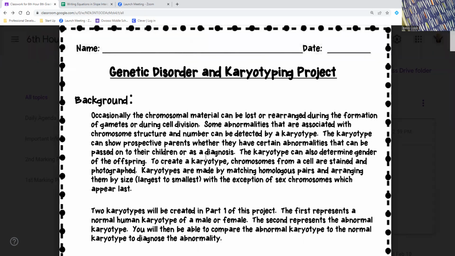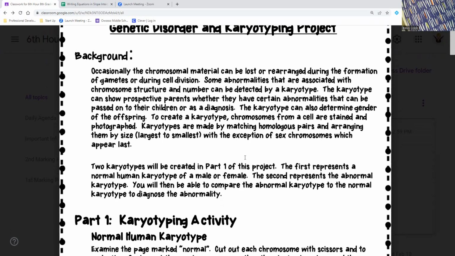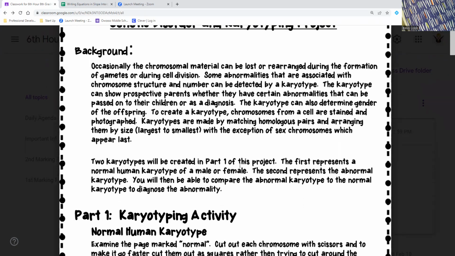So to create a karyotype, chromosomes from a cell are stained and photographed. Karyotypes are made by matching homologous pairs and arranging them by size, largest to smallest, with the exception of sex chromosomes, which appear last. 2 karyotypes will be created in part 1 of this project.